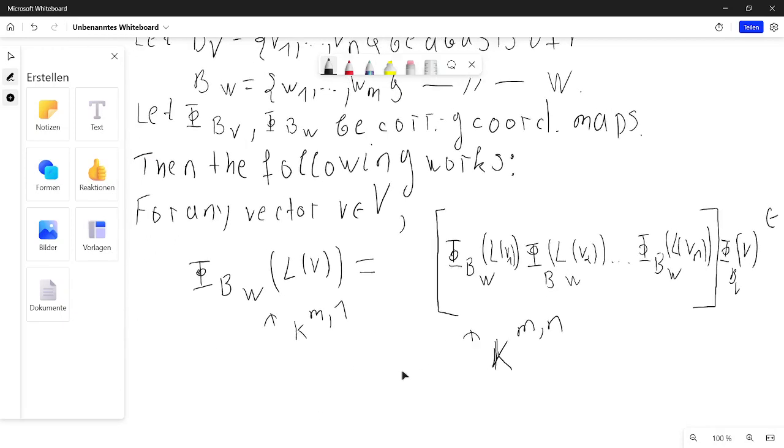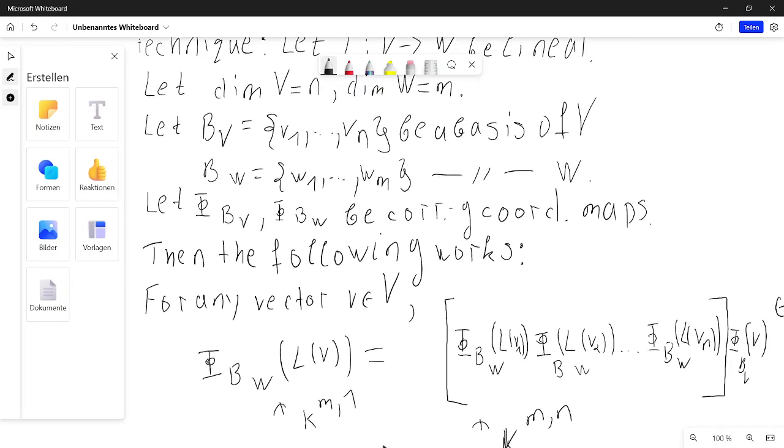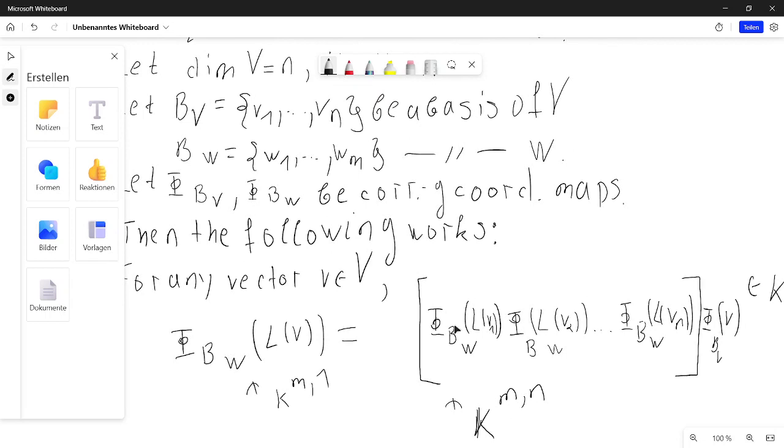So, given a linear map L and two bases, we just have to know how the images of the basis vectors are represented with respect to the basis of the target space, and we can then compute the coordinates of any vector of the domain space with respect to the basis of the target space.